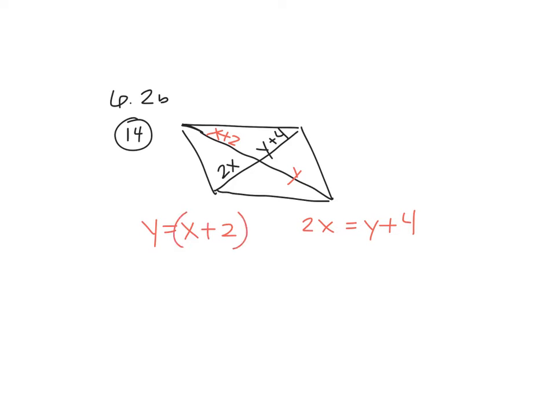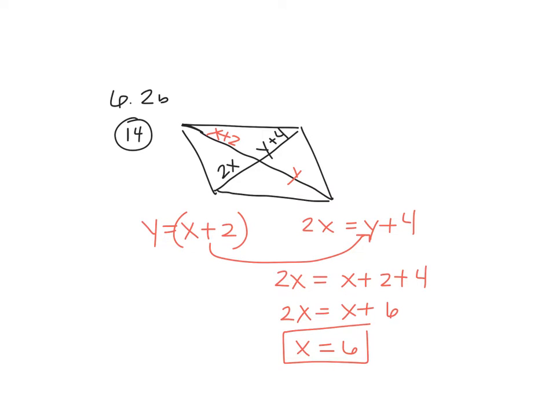So you're going to take what y equals and put it in place of y. So you get 2x equals x plus 6. Take away the x, you're left with x equals 6. And then once you know what x equals, plug it in. So 6 plus 2, y equals 8.